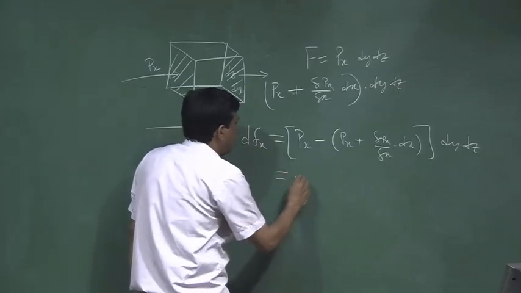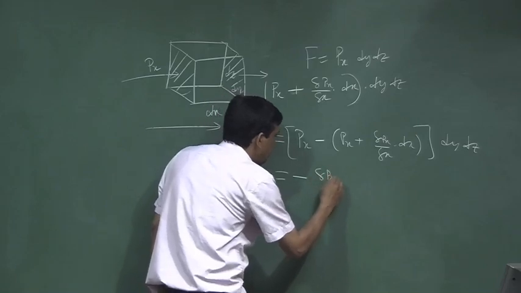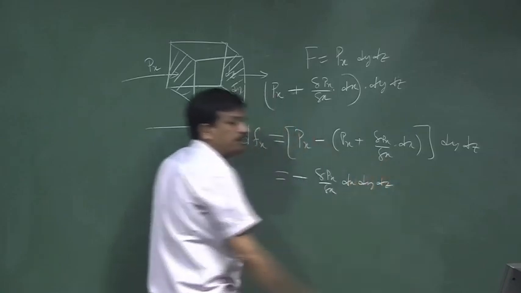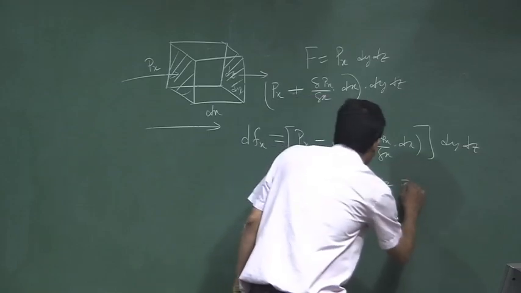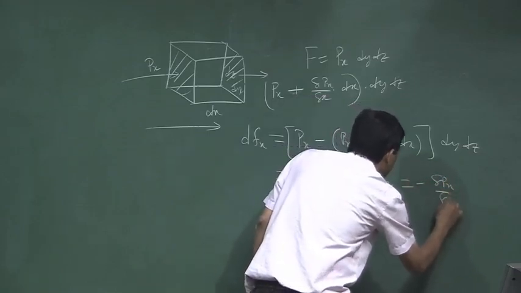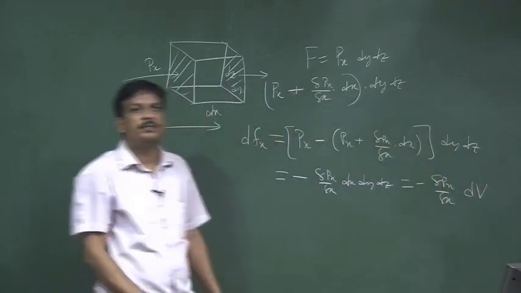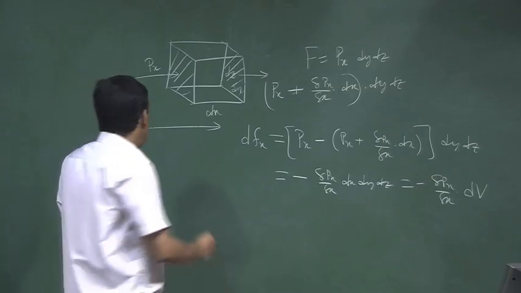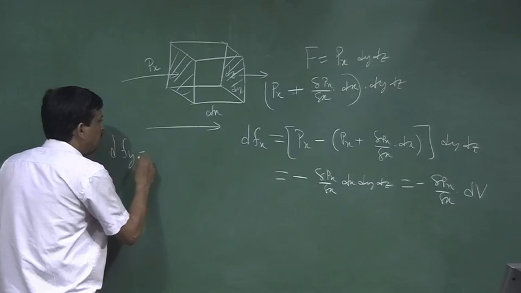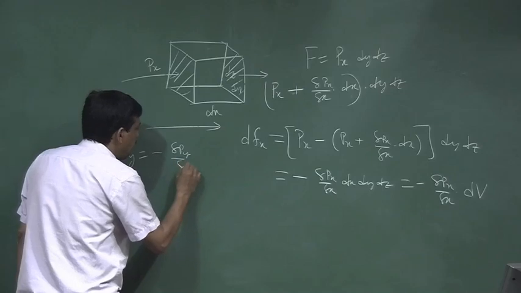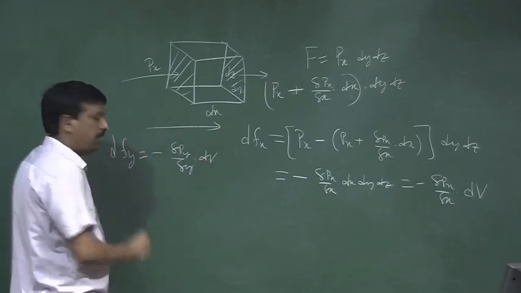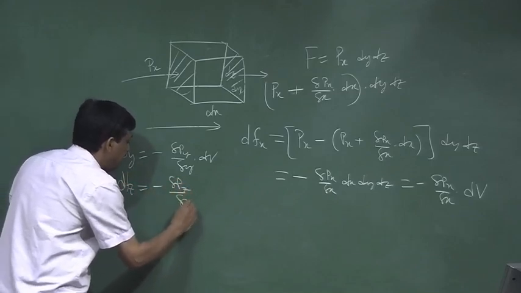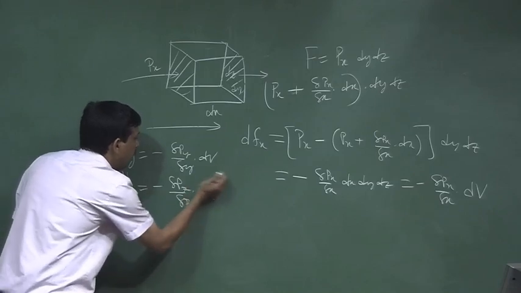If I derive it, it is minus del Px by del x into dx dy dz, which is minus del Px by del x into dv, since dx dy dz is the volume. Similarly, dFy is equal to minus del Py by del y into dv, and dFz is equal to minus del Pz by del z into dv.